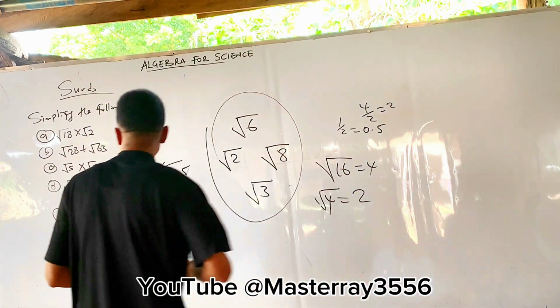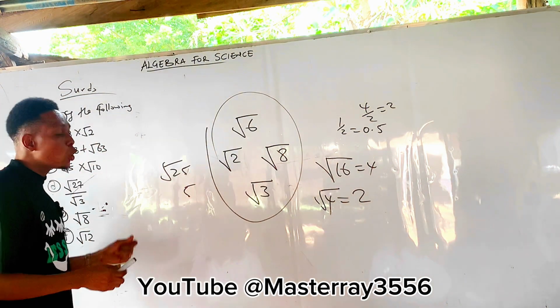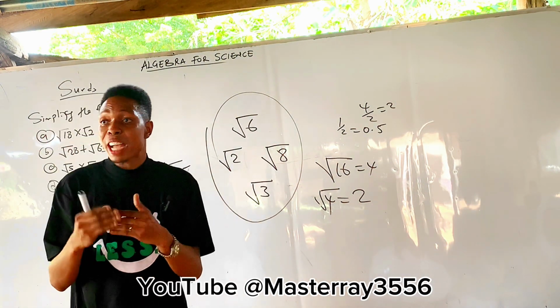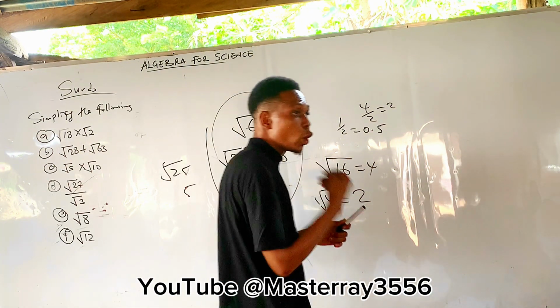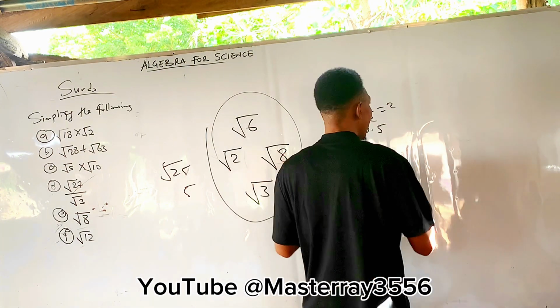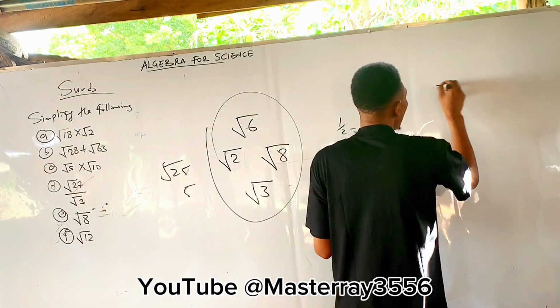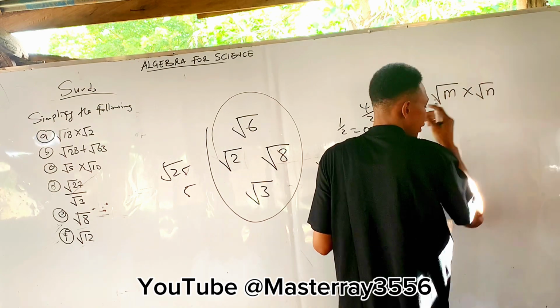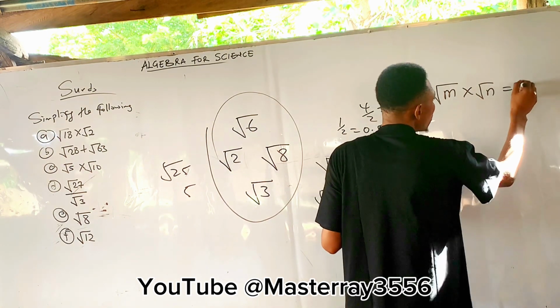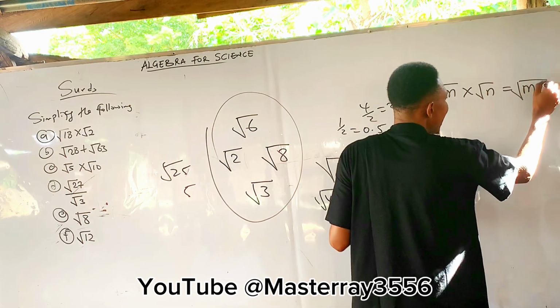So this time around, we are giving some series of questions. We have rules that govern surds, or we have the laws of surds. Are you following? And one of the laws of surds is this. Please pay attention before I go into that. It says that if you have root m times root n, it's taken as root mn.